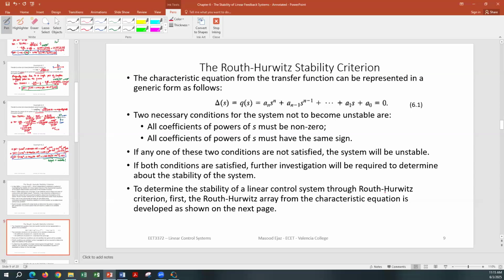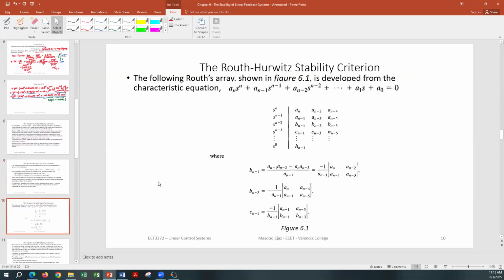To determine the stability of a linear system through Routh-Hurwitz, first we create the array of the characteristic equation and then investigate from that array. So how do you create an array? If your generic characteristic equation is given like this, then on the left-hand column, you write down all the powers of s from the highest power to the constant, which is the zero power. In the first line, you start with the highest coefficient, skip one, go to the next one, skip one, and so on.